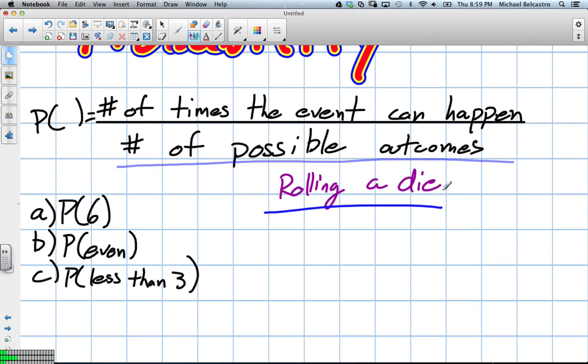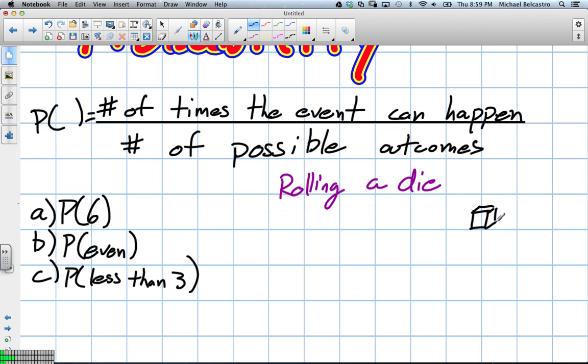Let's talk about rolling a die. A die is a cube, right? How many sides does a die have? 6, that's right. There are 6 sides, and the numbers are 1 to 6, one side for every number.